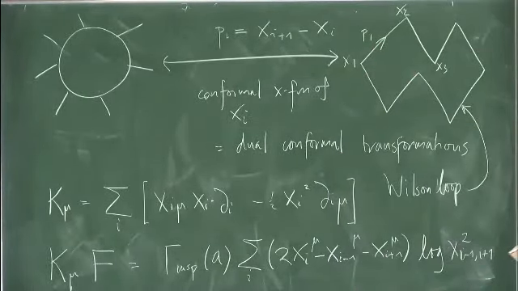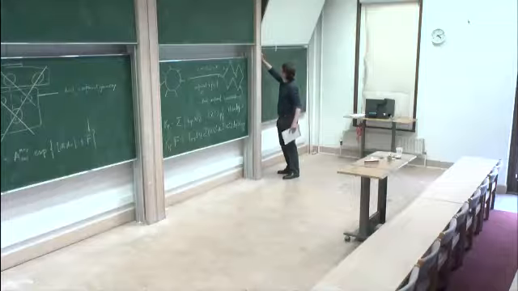In fact, the first level where we first encounter conformal invariance is for n equals 6, and in that case there are 3 of them.